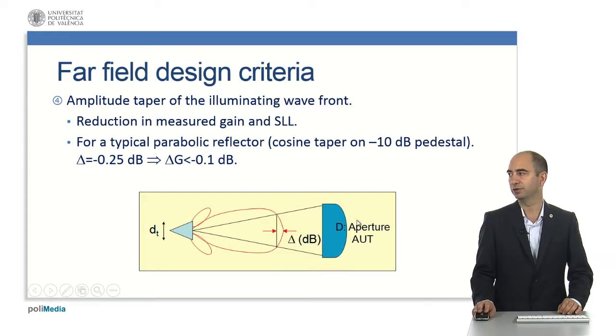If you have this, you are creating some error in the measured field. So you have to bound this difference. Typically, if you have this bound, you have an error in the gain of minus 0.1 dB. That used to be good enough. This is also important for measurements in indoor ranges when you are in far field.